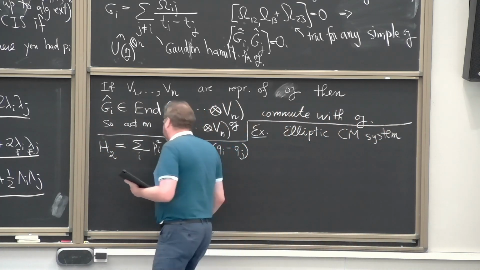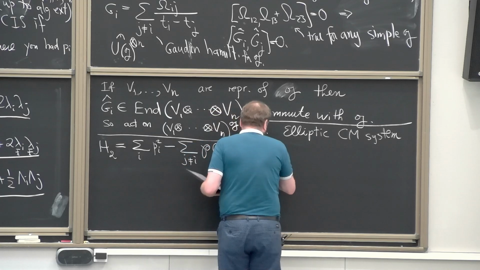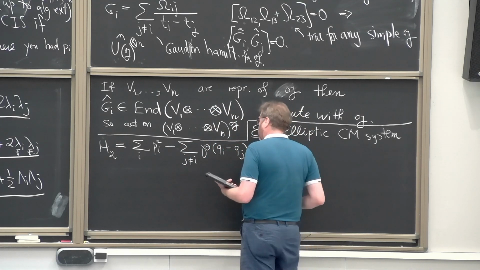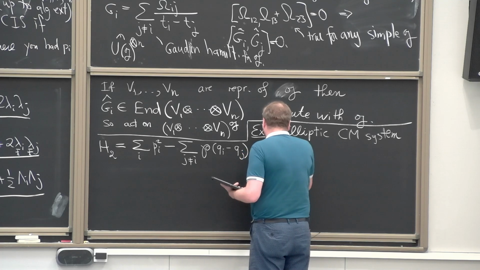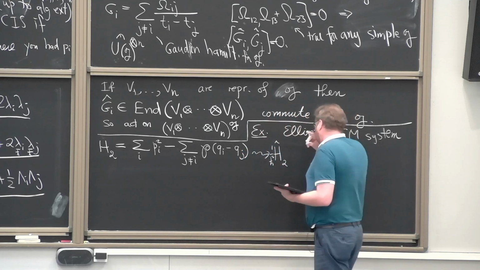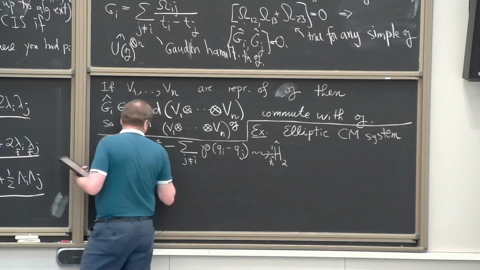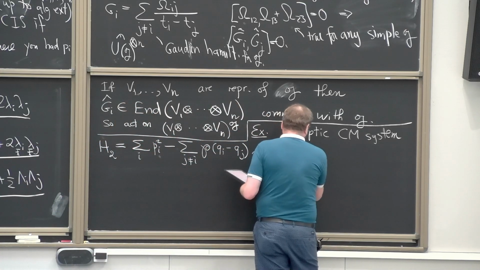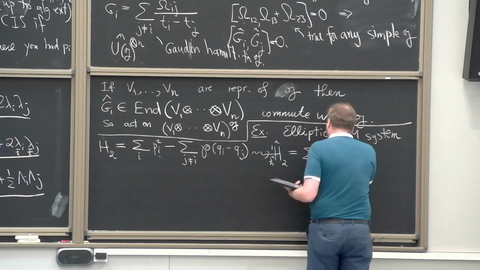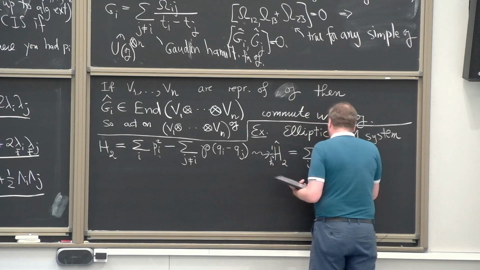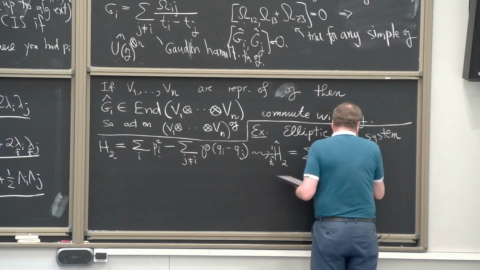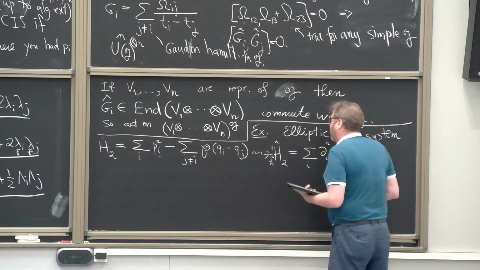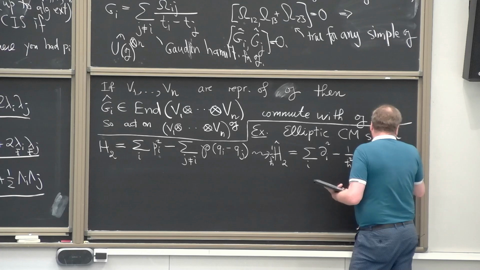So this is the classical Hamiltonian, and so we should quantize it. So h2 hat, and then also I should divide it by ħ squared. So I should replace this by ħ squared ∂_{x_i} squared, and then divide by ħ squared. So I will obtain the sum over i of ∂_i squared minus 1 over ħ squared, sum over j different from i, ℘ function of q_i minus q_j.